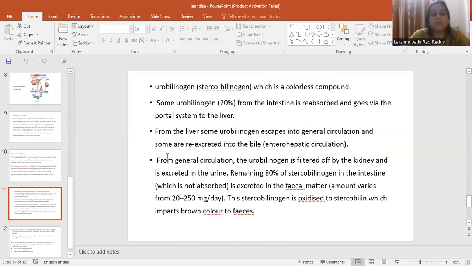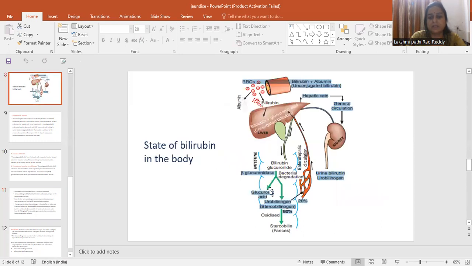Now, some urobilinogen from the intestine is reabsorbed and goes via the portal system to the liver. From the liver, some urobilinogen escapes into general circulation and some is re-excreted into the bile, which is also known as enterohepatic circulation. Here we can see 80% comes out as stercobilin and the remaining 20% enters the enterohepatic circulation, which can be reused.